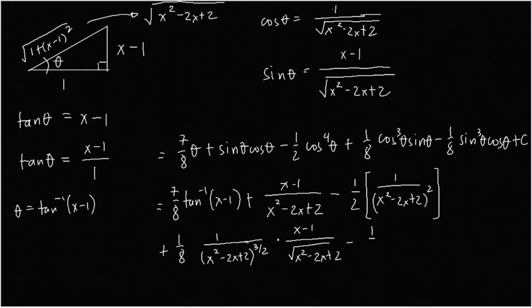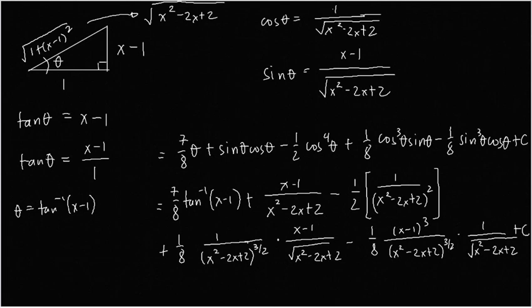Then, minus 1/8 times sine cube of theta, we have x minus 1 cubed divided by x squared minus 2x plus 2 raised to 3/2 times cosine of theta, which is 1 over the square root of x squared minus 2x plus 2. Don't forget yung ating plus c.